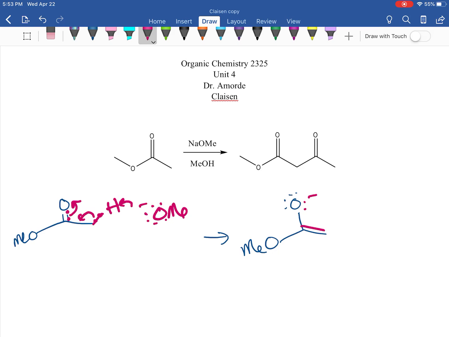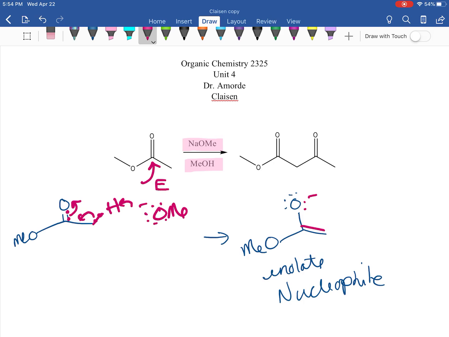You do need the base. You need a little bit of help for these. Remember, aldehydes and ketones are a little bit more reactive than our esters. So with our ester and our condensations, it's not just heat. We have our matching base. So we're going to make this enolate, and it's still a good nucleophile.